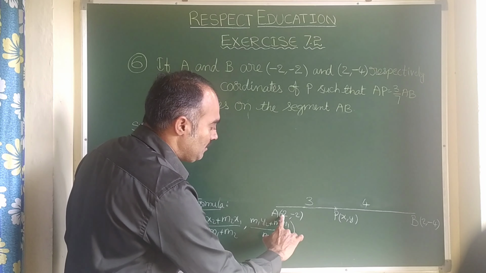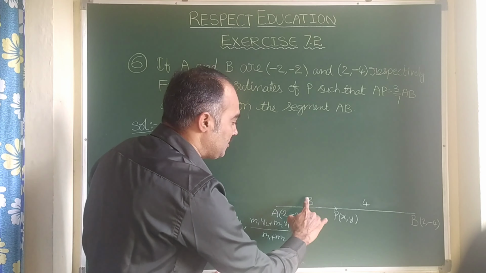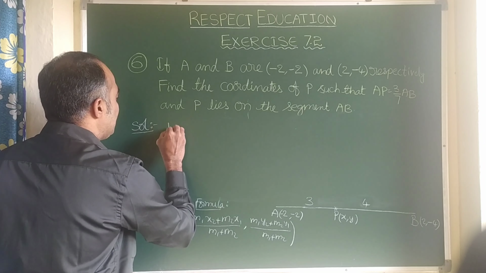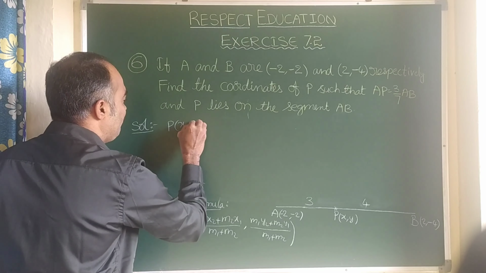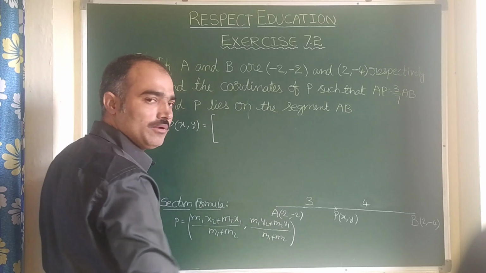These are the points. Minus 2 comma minus 2 is A, 2 comma minus 4 is B. The ratio is 3:4. Right. Now let us find P, x comma y. Let us substitute those values in this section formula.